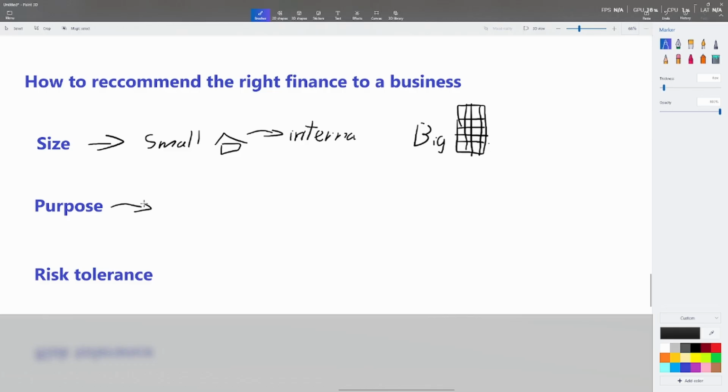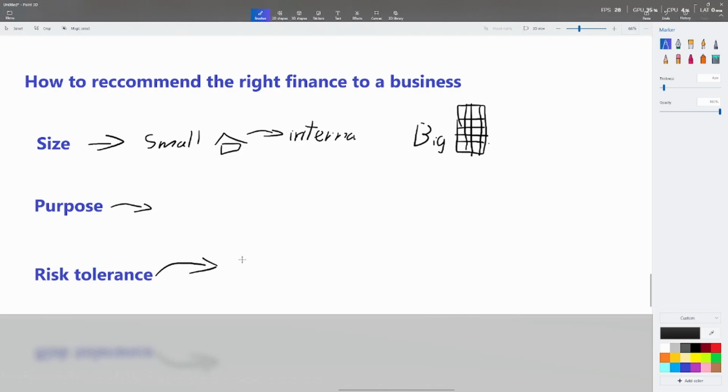However, if the purpose is not to generate as much, let's say that it's a chocolate shop for vegans. I wouldn't even say vegans, but it's very niche and made to sustain the environment. Then that means that you have to look at different types of finance as well. And then also risk tolerance.